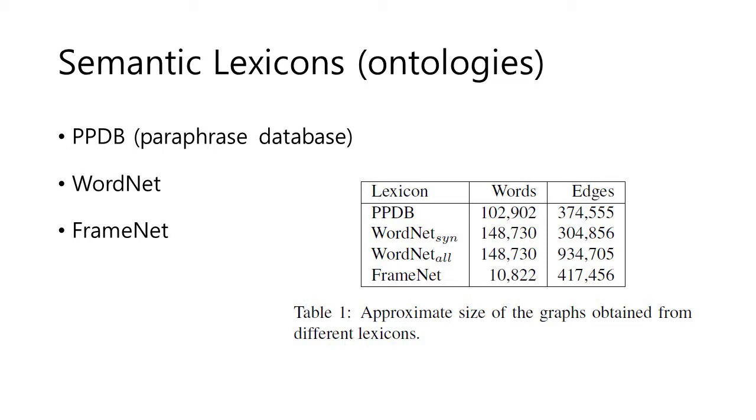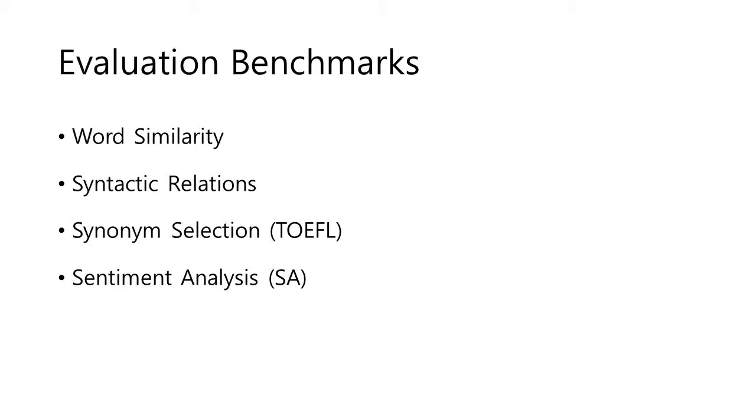And Table 1 shows their approximate graph sizes. These are the evaluation benchmarks that will be used in experiments: word similarity and syntactic relations, synonym selection TOEFL, and sentiment analysis.